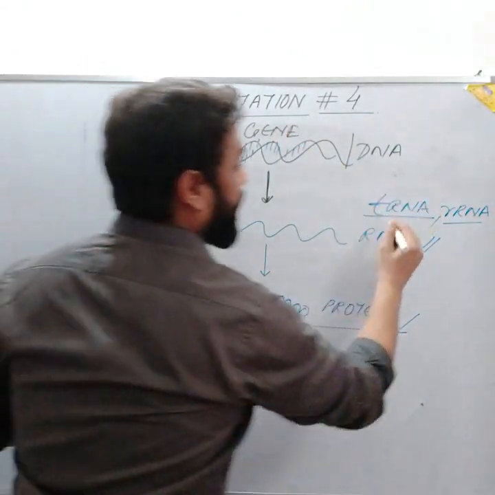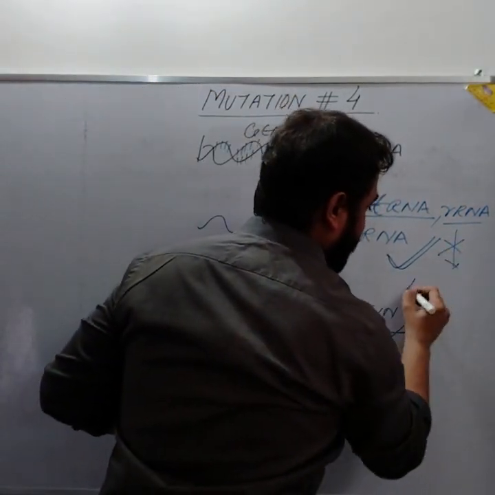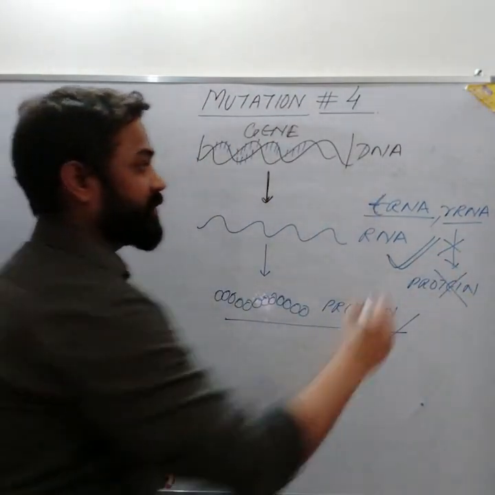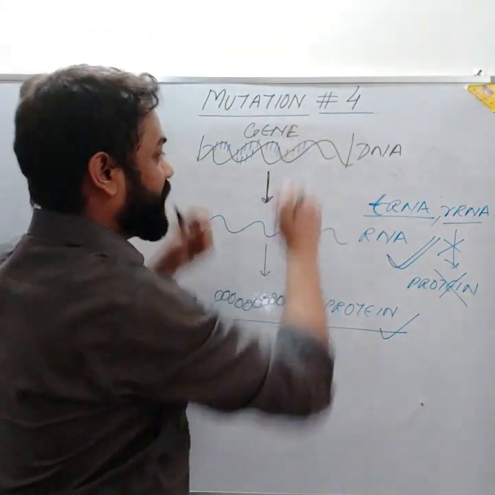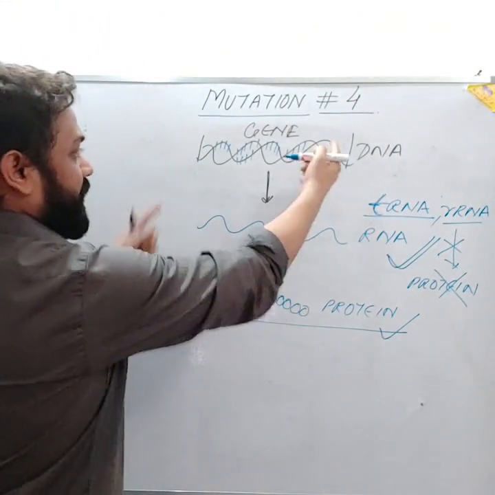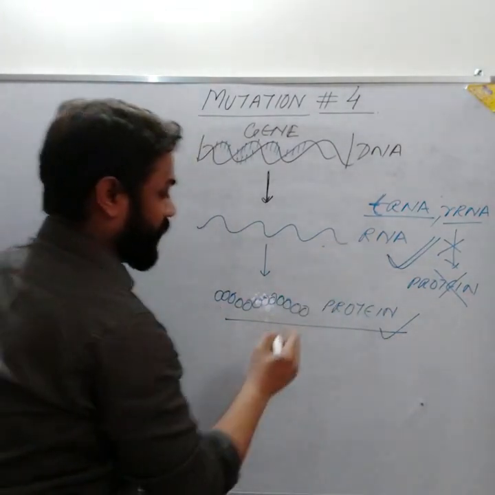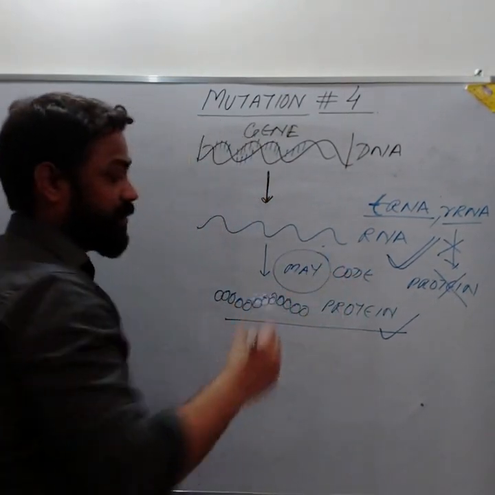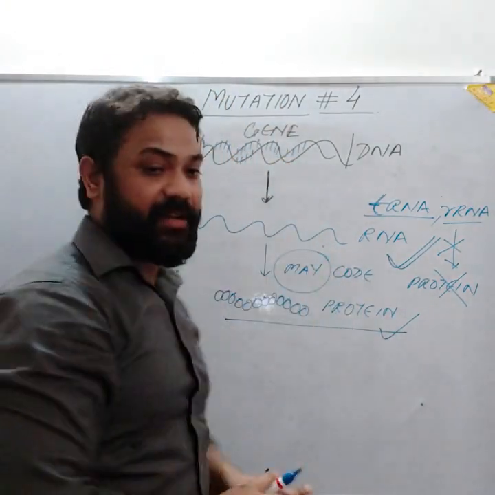These RNAs, coded by the gene, do not code for any protein; this is the end product. So a gene is a sequence of DNA that codes for RNA, and this RNA may code for a protein or polypeptide. This is how we can define a gene.